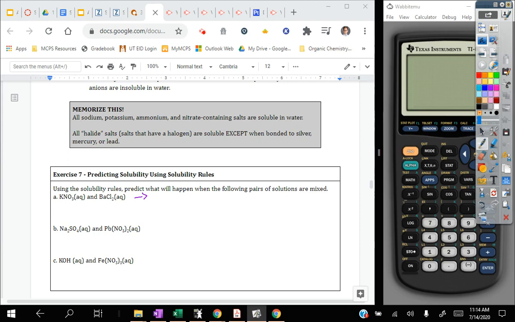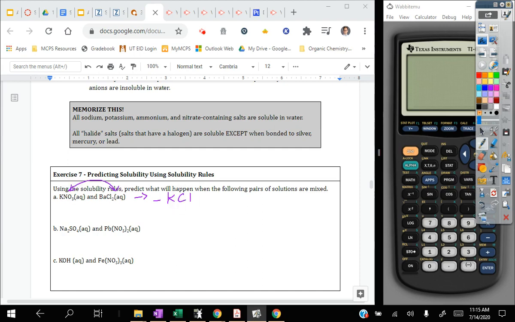It doesn't matter which two you switch, as long as you switch an anion with an anion or you switch a cation with a cation. I'm going to keep potassium in the same place, and I'm going to switch nitrate and chlorine.